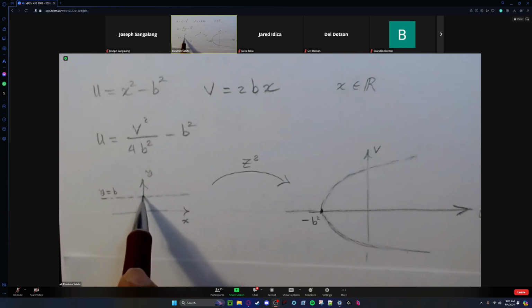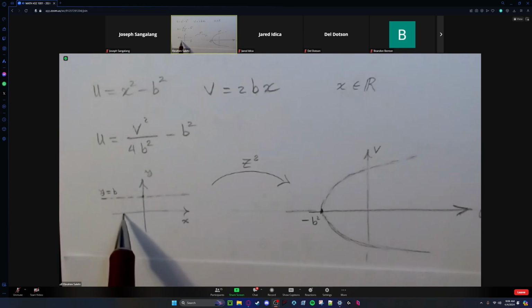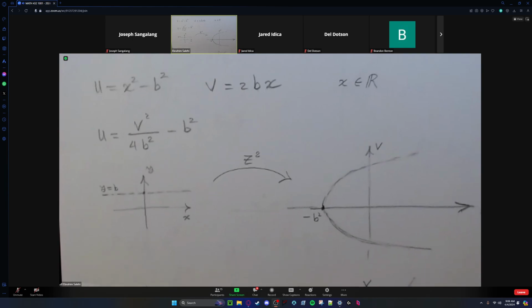Oh, this is b e to the i pi over 2, right? The argument is pi over 2. Then apply z squared, this point becomes b squared e to the i pi, right? Let me write it down, make sure that we understand what's going on.